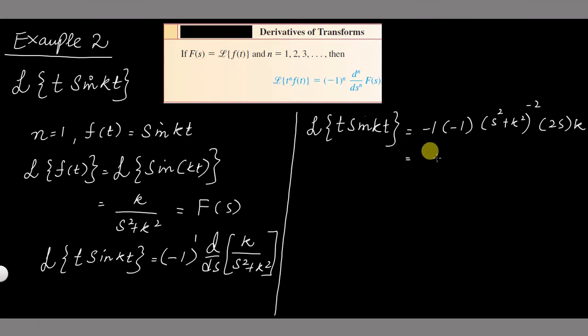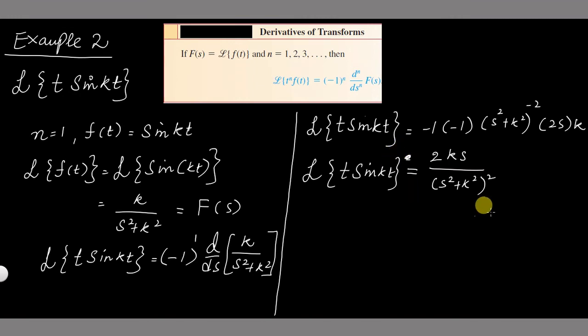Minus minus will be plus, so what will be the final answer? We have 2ks divided by s square plus k square raised to the power 2. So this is the final transform of this particular function, and this is our final answer for example number 2.